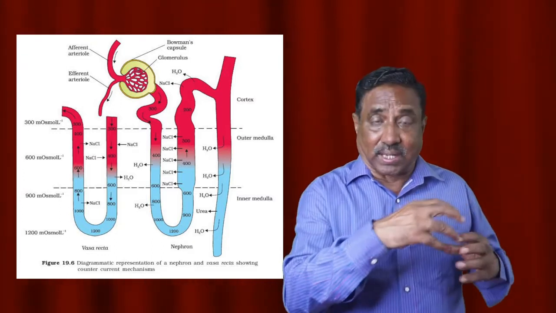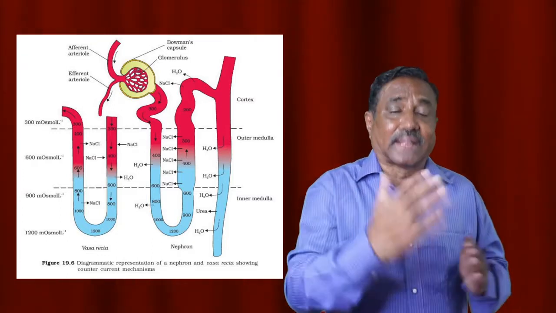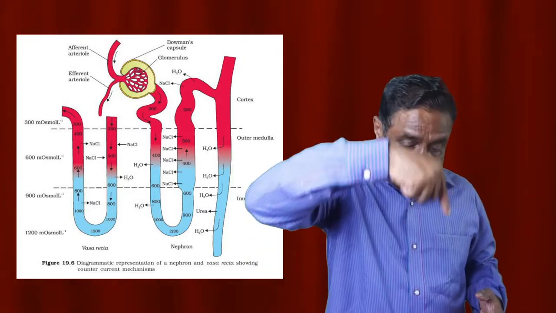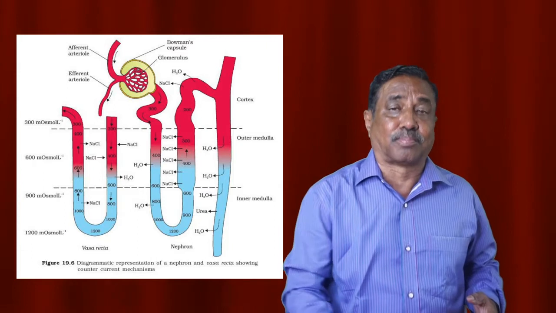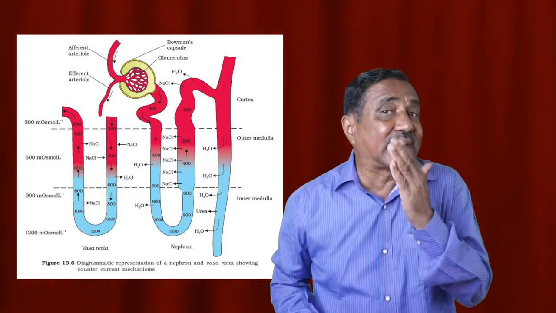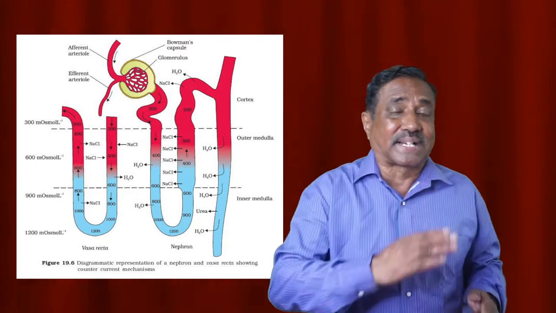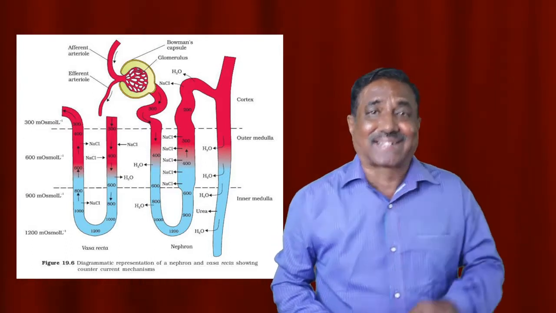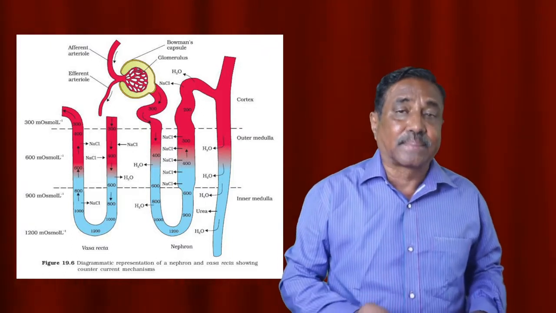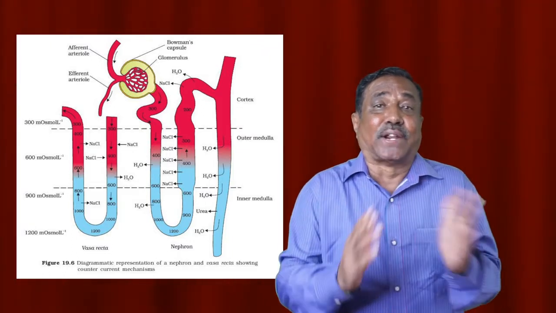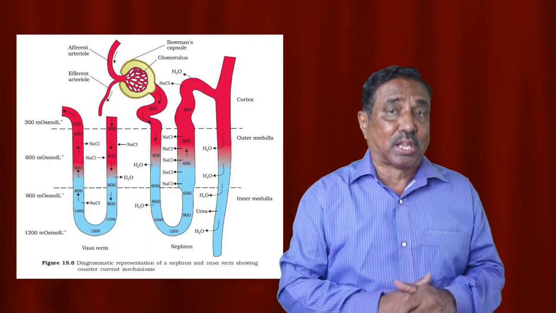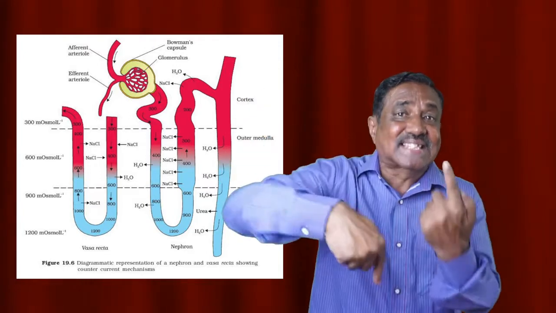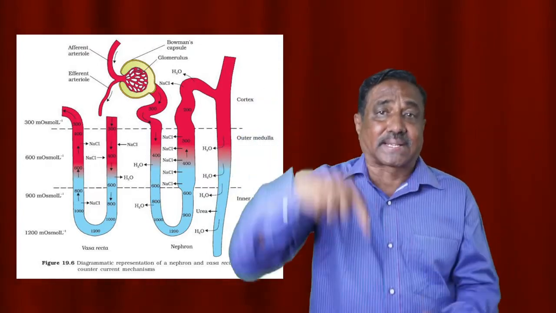As the renal fluid, the primary urine with remaining salts and urea, flows to the descending limb of the loop of Henle, this limb permits water entry but does not allow electrolytes to enter. Then, as the renal fluids of two different concentrations flow in opposite directions, this creates a counter current multiplier system.